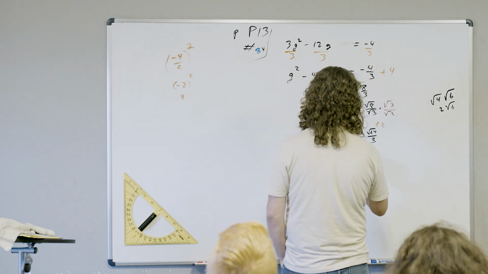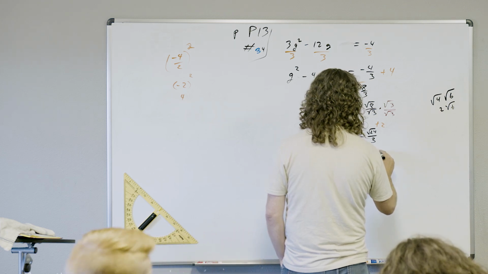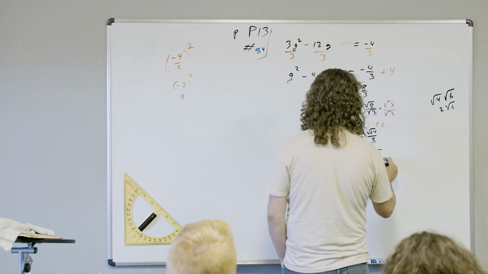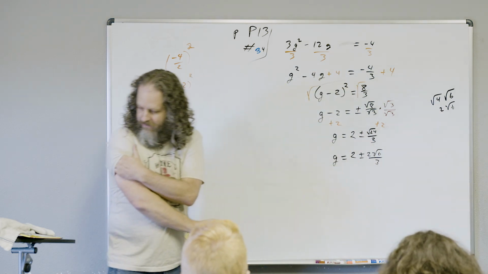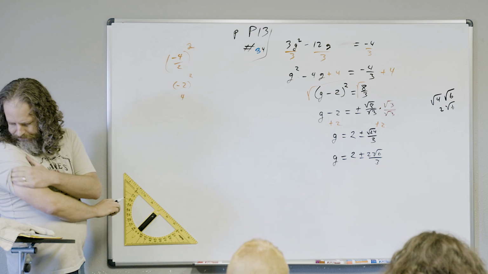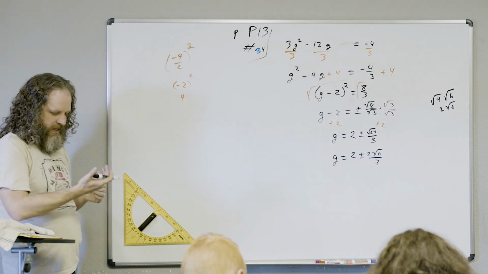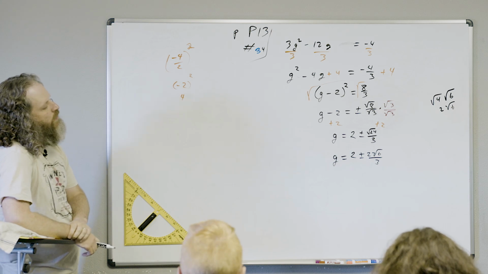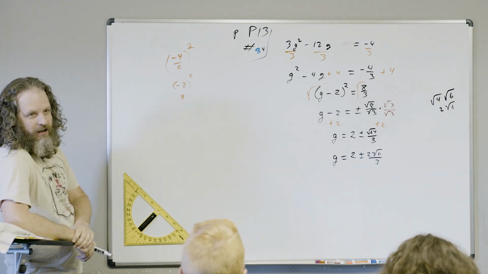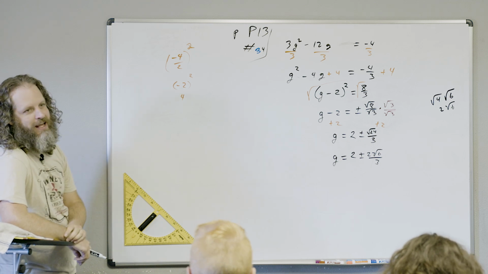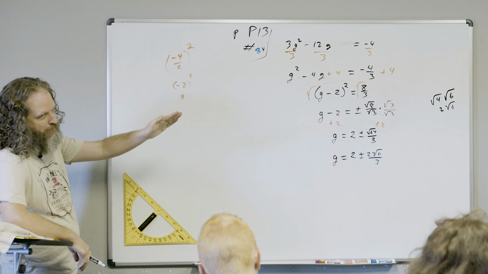Yep. 2 plus or minus 2 times the square root of 6 over 3. Now, the next thing is generally, when we have an answer like this, at this point, because we may need to do something with that answer, we can't make it not exact because we're math people.